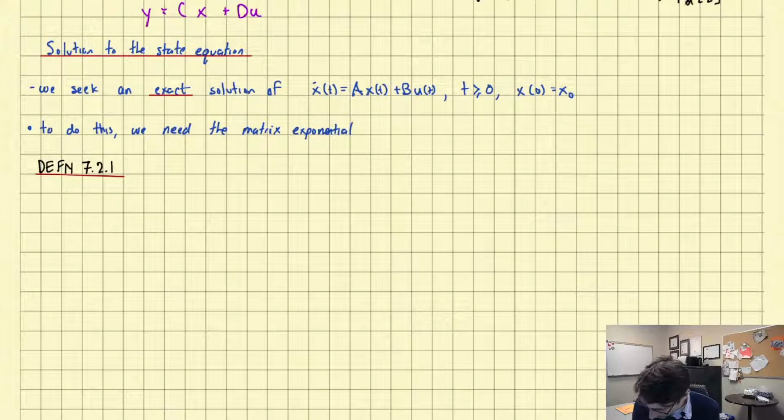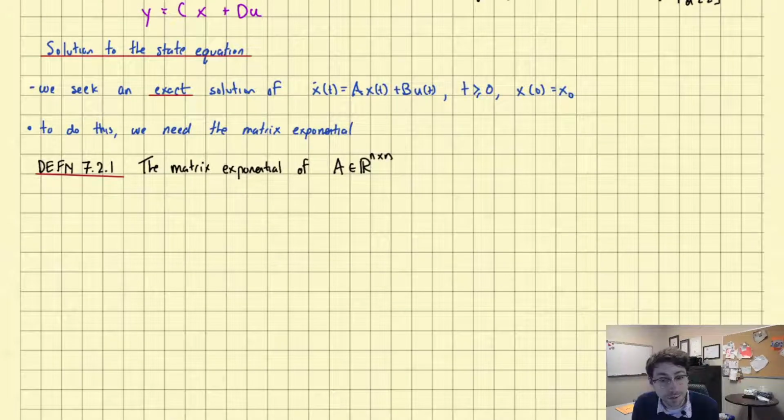Okay, we're going to say that the matrix exponential of A, being a real n by n matrix, is the following. Okay, and I'm just going to formally copy the scalar definition of an exponential, right?